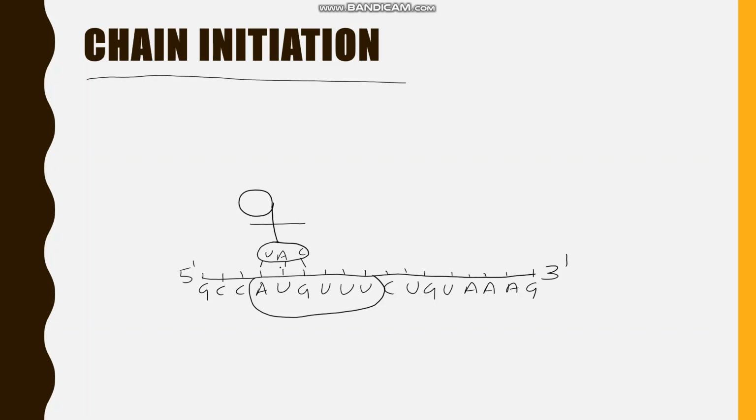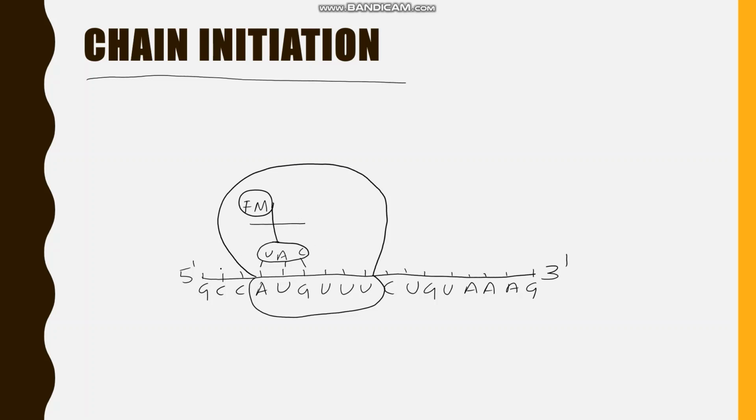That's why a temporary bonding takes place. Then what is the amino acid found in this particular amino acyl tRNA? It is always formyl methionine, because the initiator codon AUG codes for formyl methionine. Now it is followed by the binding of the larger subunit of the ribosome.